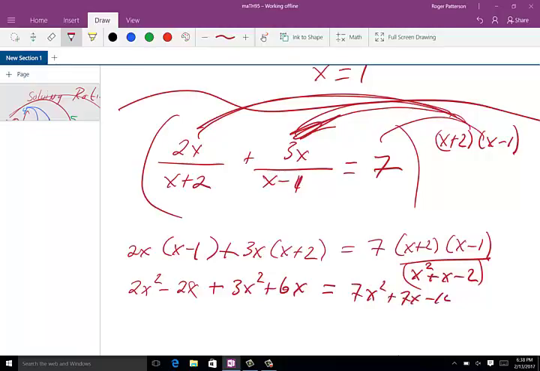Are we good with what we got here? This is a 2x. Does that look okay? What we did?